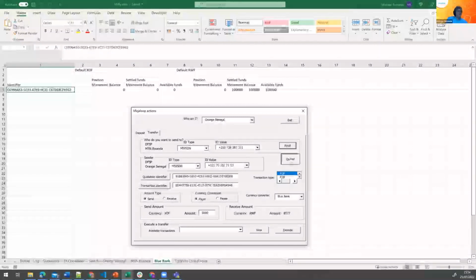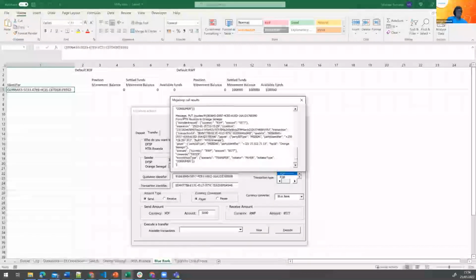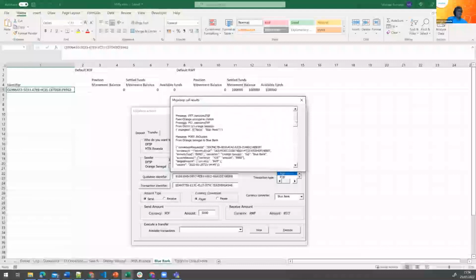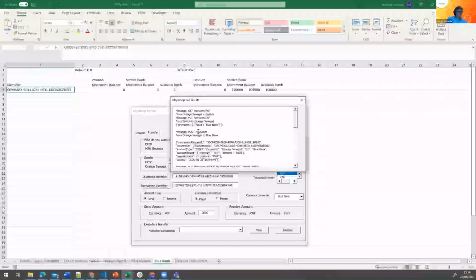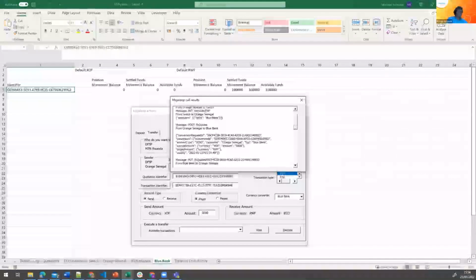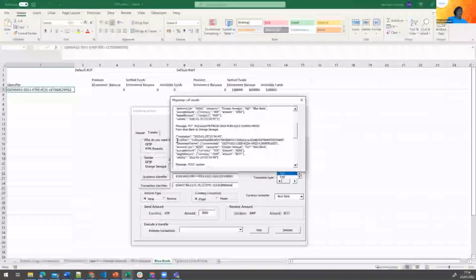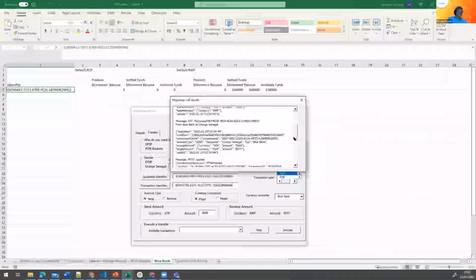Now I'm going to ask for a quotation. I get a load of stuff that comes back here that tells me what all the messages were. You'll see there's an FX quote that's gone from Orange Senegal to Blue Bank, because we said the payer should do the currency conversion. That's come back and said this is the amount you're going to need to be sending in Rwandan francs.